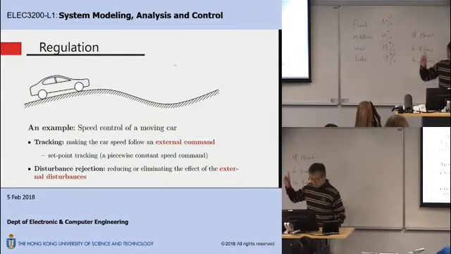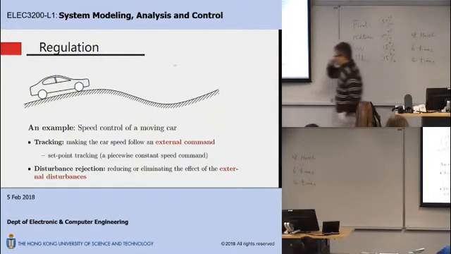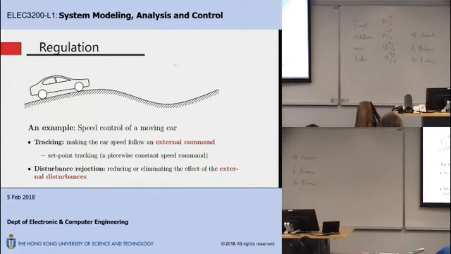Stabilization is the first problem. Now the second problem, regulation. Again, we take car driving as an example. But now suppose that we're driving on a hilly road, up and down, and we need to follow the speed limit.